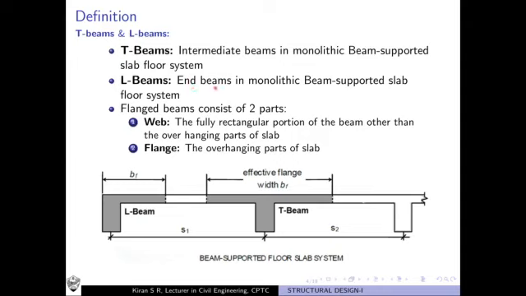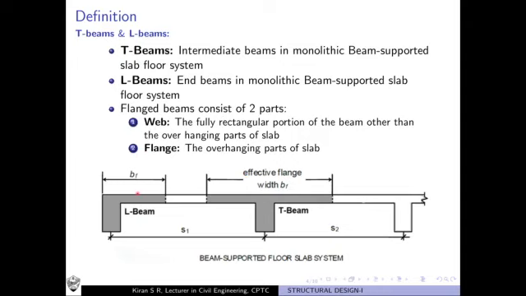So these are end beams in monolithic beam supported slab floor systems. And typically these L-beams and T-beams, in total, we call generally as flanged beams. And flanged beams have two important parts. One is the web, the second is the flange.